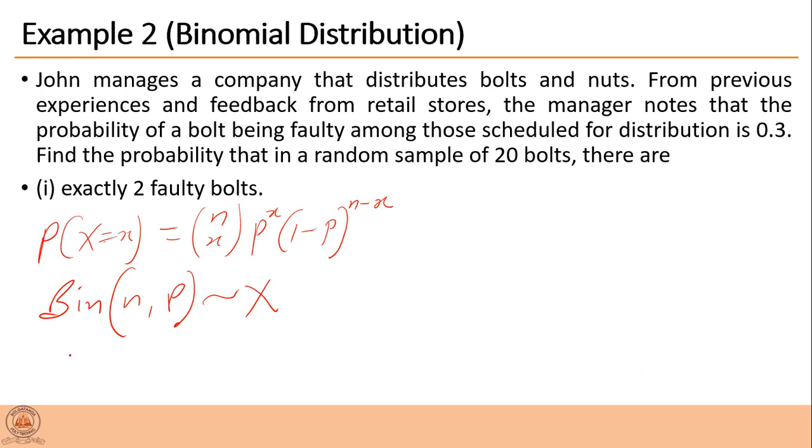In the question we have n equal to 20. What is p? p is the probability of a success, which is equal to 0.3. So we have x as binomial with 20 trials and probability of success equal to 0.3.